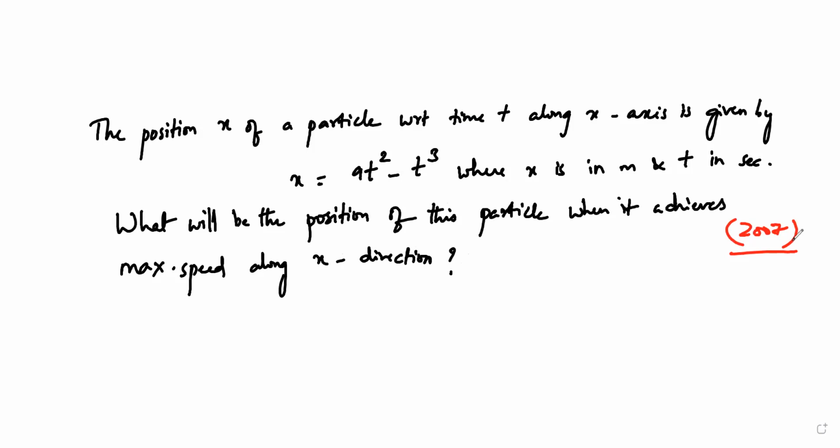Right? What is x? x is equal to 9t square minus t cube. They are asking us to find the position. So what will happen?